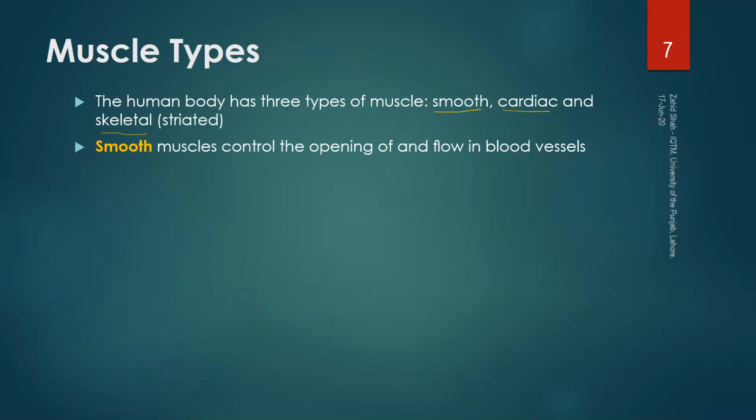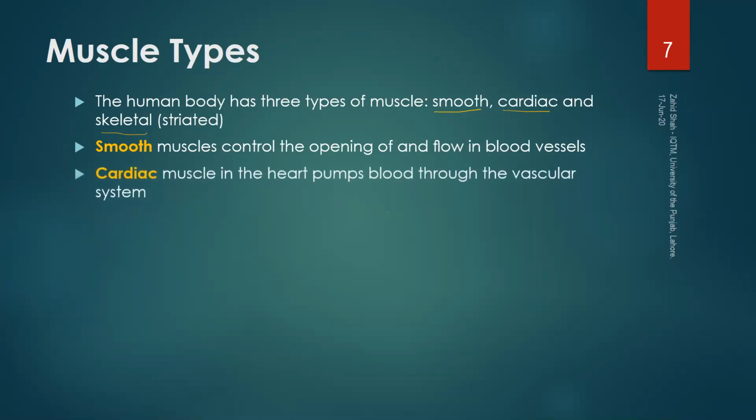Smooth muscles control the opening of and flow in blood vessels or other passages in the body, like your intestines. Cardiac muscles are the muscles of your heart. They help the heart pump blood through the vascular system. These are very unique muscles that make up your heart as a whole.